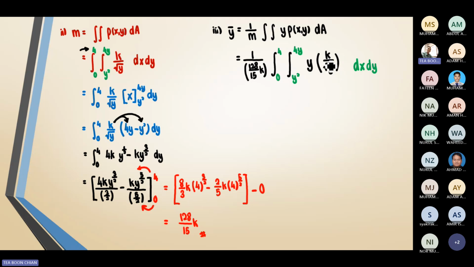So something you can actually simplify here first. Number 1, k and k can be eliminated. Second, y multiplied by 1 over square root of y. Using the index law, you can simplify this structure, giving you in the end 15 over 128, double integral from 0 to 4, from y squared to 4y, y over square root of y gives you y power 1 over 2, dx dy.